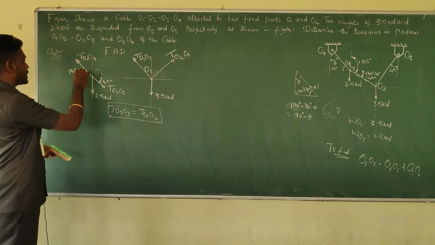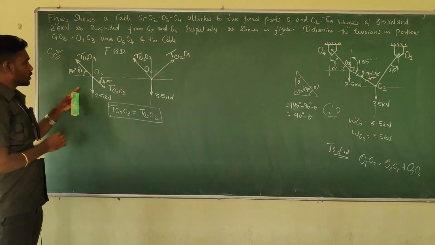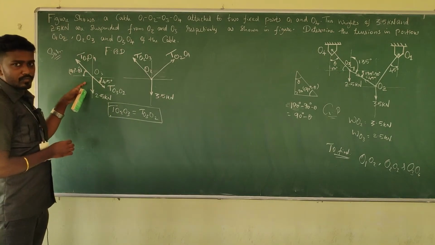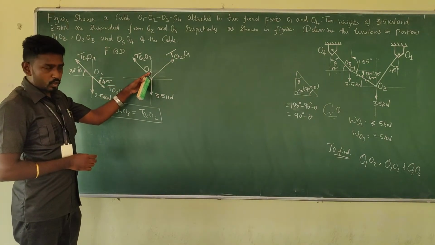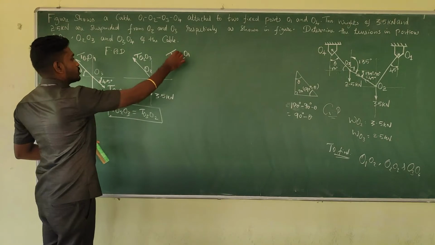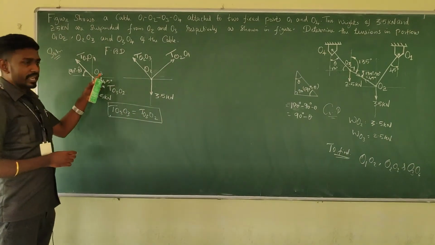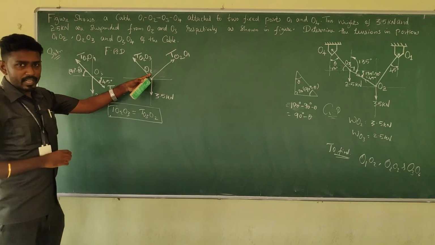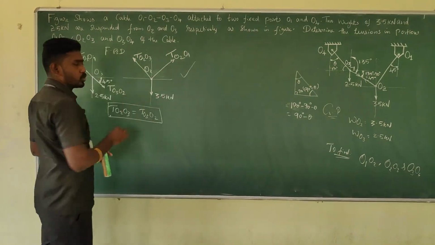Okay, two tension forces and one theta is unknown, right? So there are three unknown values. But if you consider the joint O2, two unknowns are there. So when you compare with the O3, O2 has minimum number of unknowns. So just go with this O2.